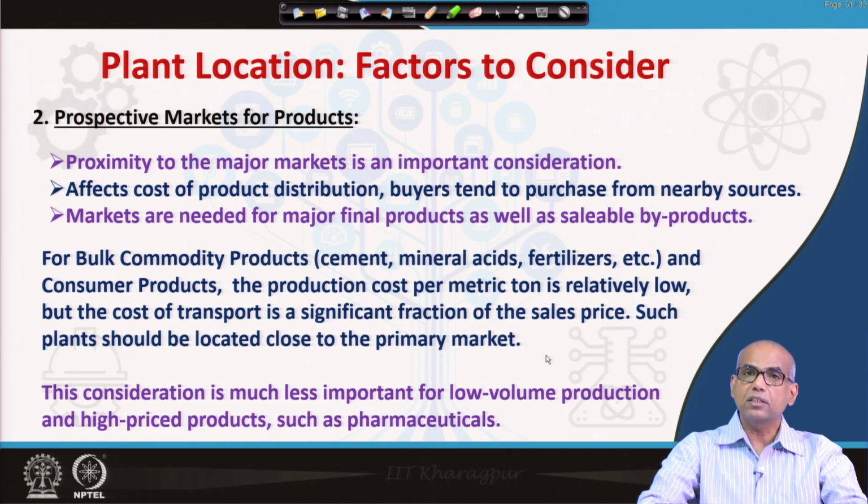However, this consideration is less important for low volume production and high priced products such as pharmaceuticals, specialty chemicals, etc. Because these chemicals are produced in low volume, but their price is very high.